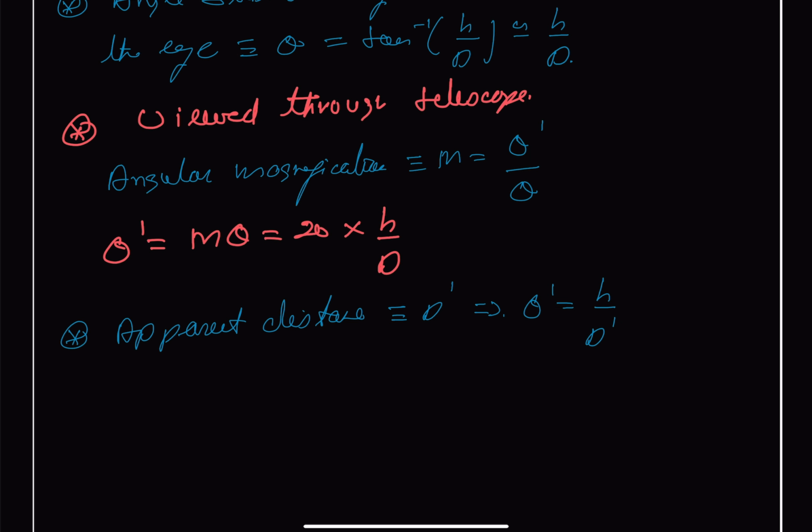So this gives us that we have 20 into h upon d is equal to h upon d prime, and h and h go away, so we get our d prime will be equal to d by 20. So therefore we can say that the tree appears 20 times closer.